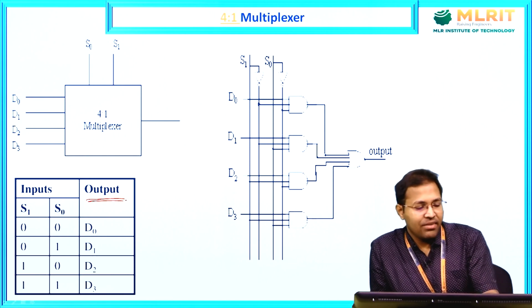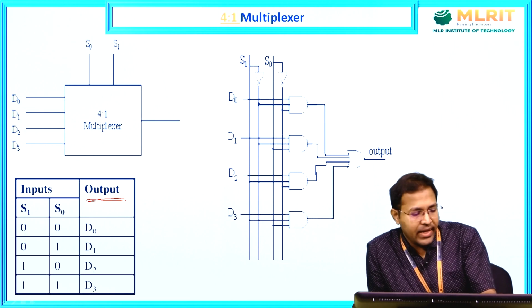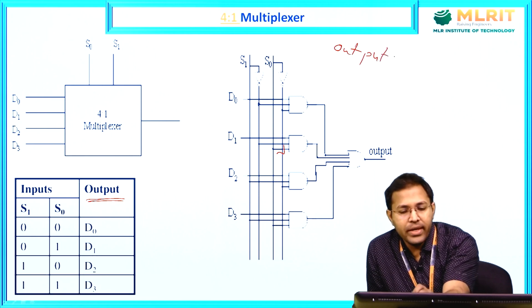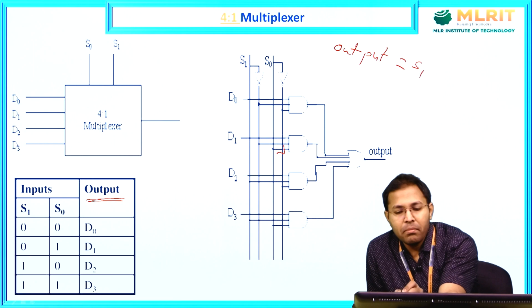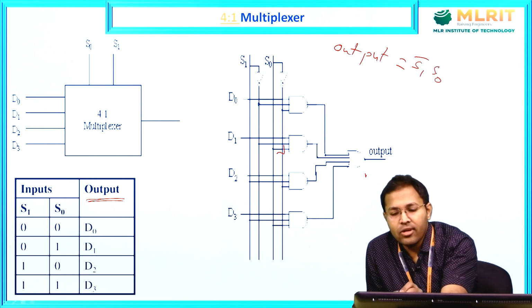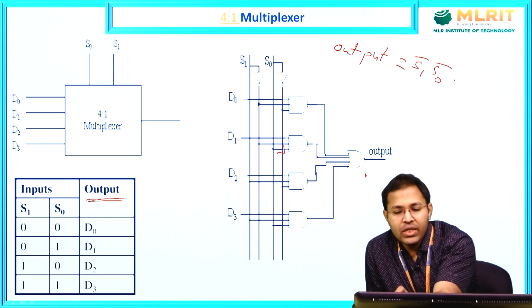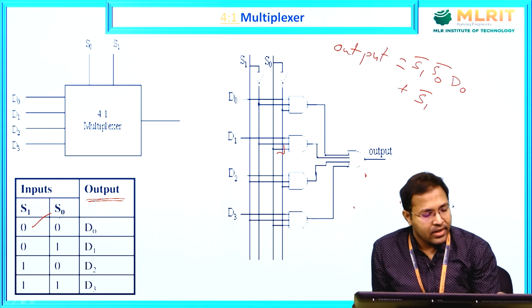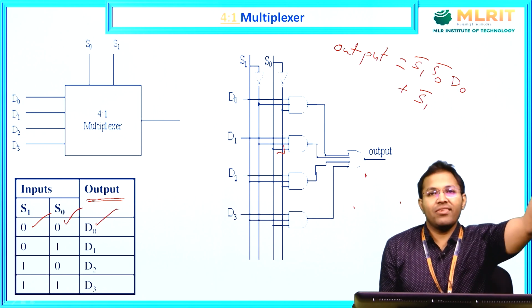The output will be S1 bar S0 bar into D0, plus, similar to the previous situation.